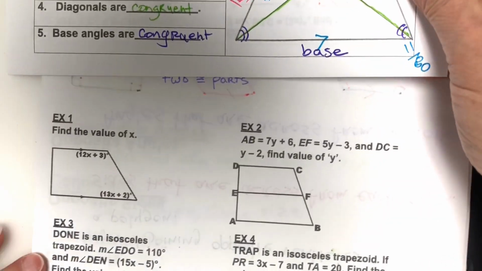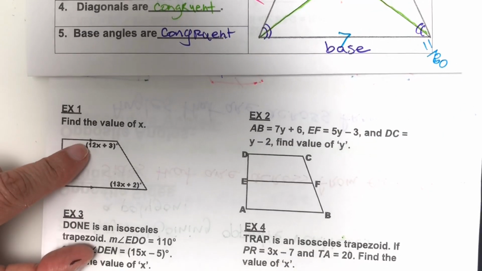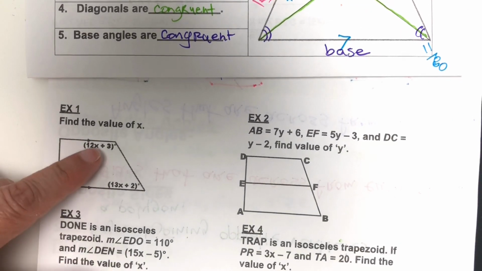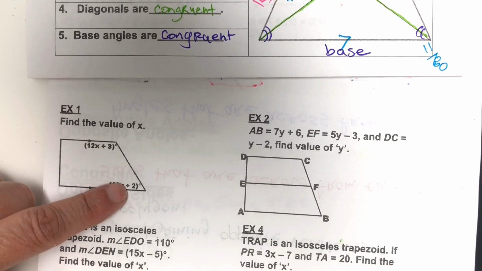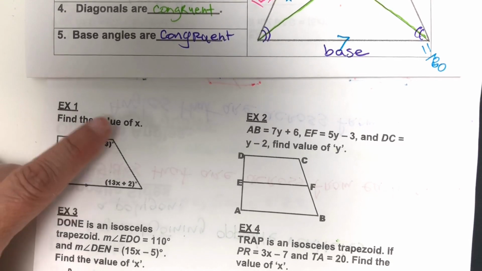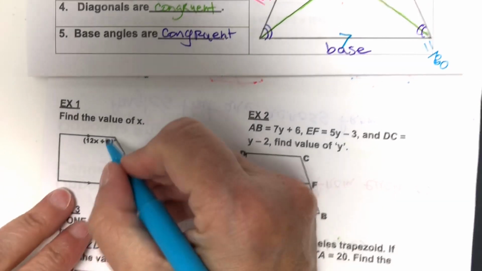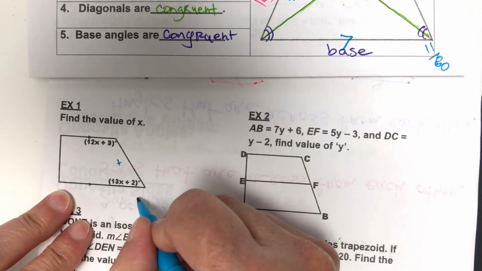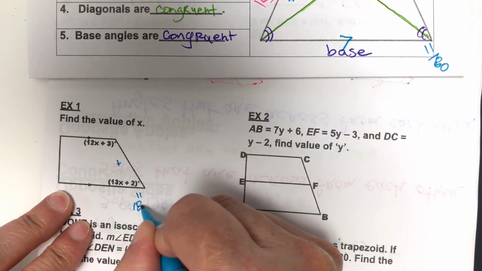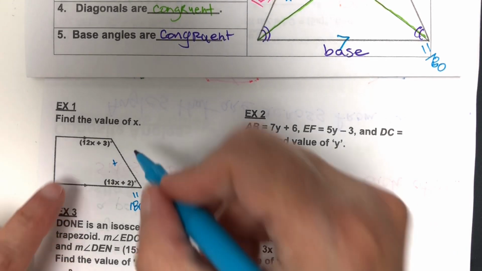Move this up some. We've got some examples. Parallel. These two angles are consecutive interior angles or same side interior angles. Parallel lines, transversal. Guys, this is technically an old problem, okay? This plus this equals 180. Consecutive or same side interior angles add to equal 180.